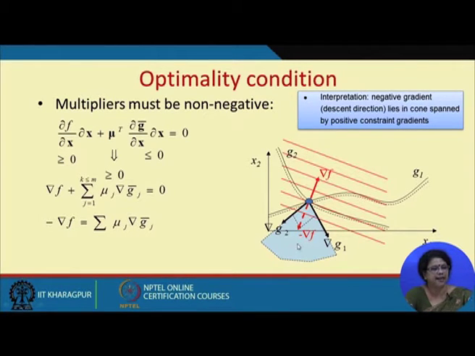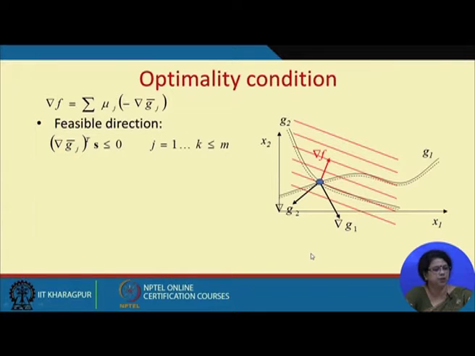We can say that this descent direction lies in the cone spanned by positive constraint gradients. If we consider the half space over grad G1 greater than or equal to 0 and grad G2 greater than or equal to 0, the cone spanned by the vectors grad G1 and grad G2 can be interpreted as the descent direction of the objective function.